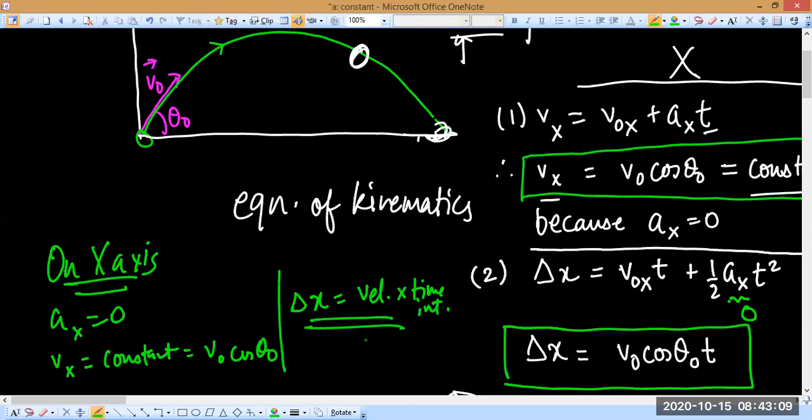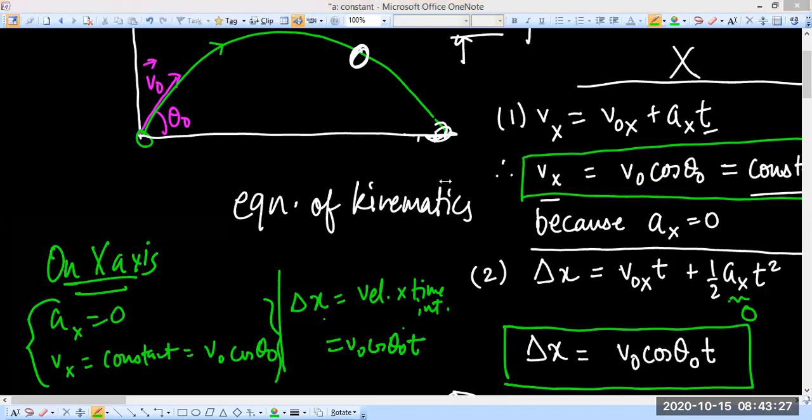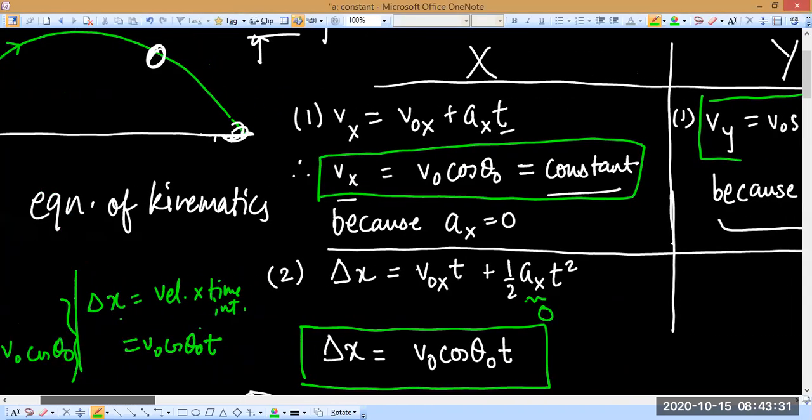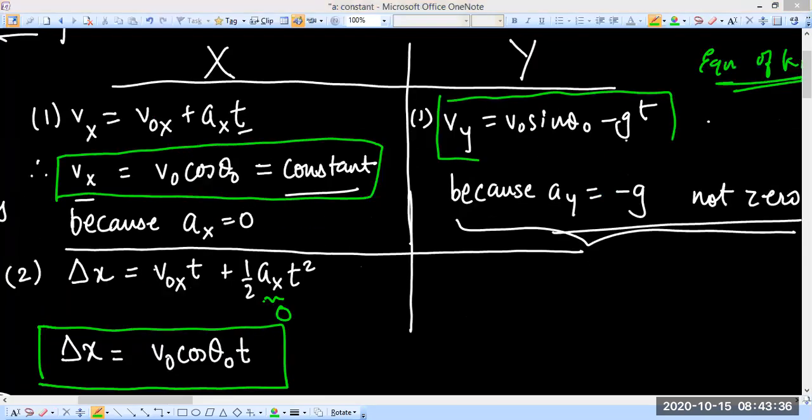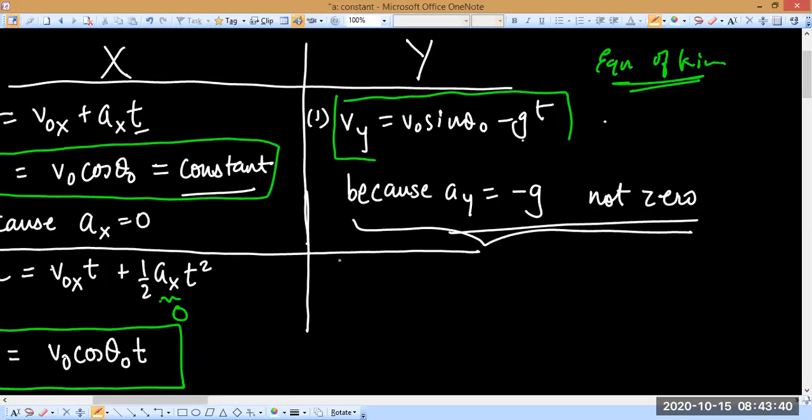So this will be equal to v0 cos theta 0 into t, as easy as that. So this is another way to do it. You can use whichever way you like. In the end, the answer is the same. Two correct methods, okay? Not a coincidence. Two correct methods.